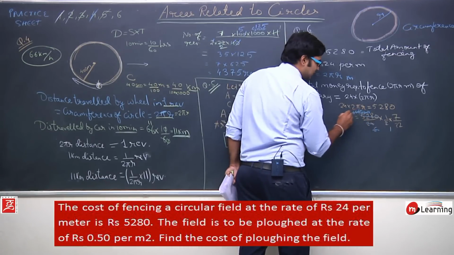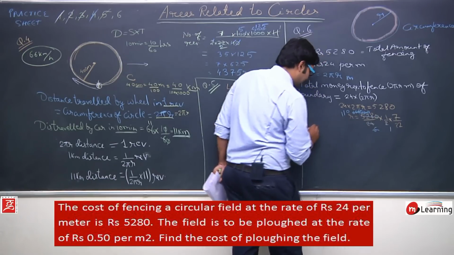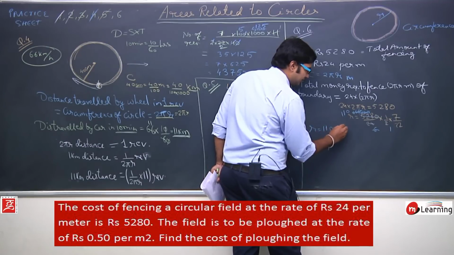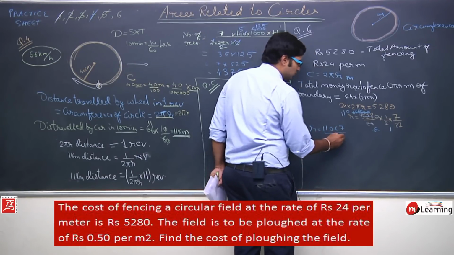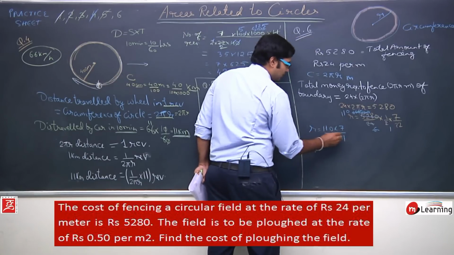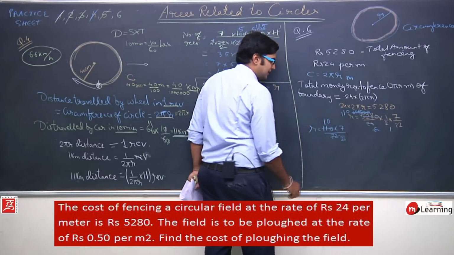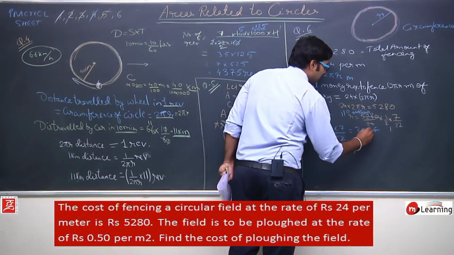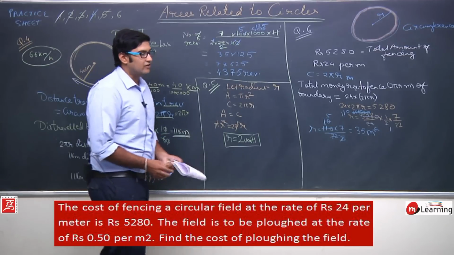Then this is 6. So, 6 1s are 6, 6 1s are 6 and 0. So, r is equal to 1110 into 7 divided by 22. 11 2s are 22 and 11 10s are 110. So, this will give you 5, and this gives you 35 meters. So, the radius of this field is 35 meters.